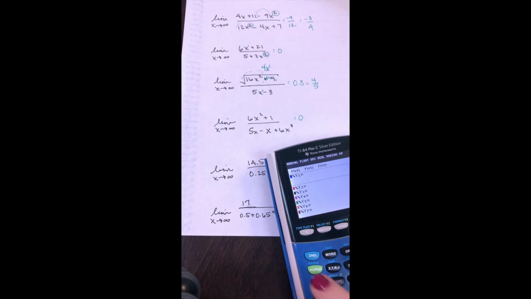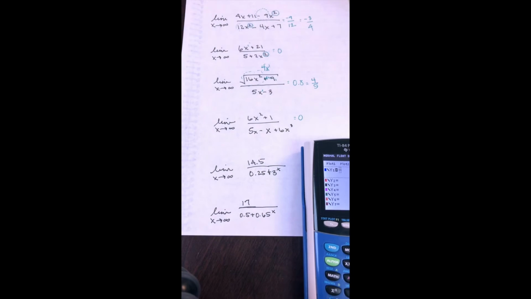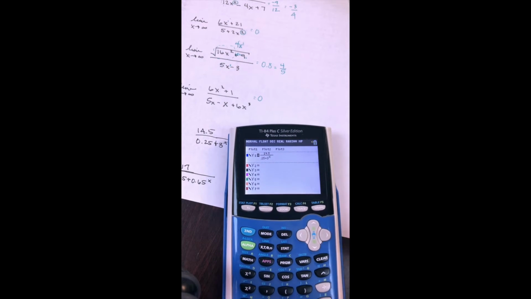Now, here and here, we have a little bit different animal. And I'm going to show you how to do them on the calculator just to kind of get your brain warmed up. So if I put this guy into the calculator, I have 14.5 over 0.25 plus 3 to the x. And I'm going to do that same thing, go to the table, and I'm going to make x get bigger and bigger and bigger.